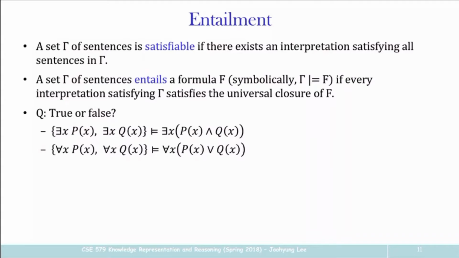Let me go back. So you write true or false for each. Note here that this is an entailment. All interpretations satisfying the set gamma must satisfy the formula on the right in order for this entailment to hold.